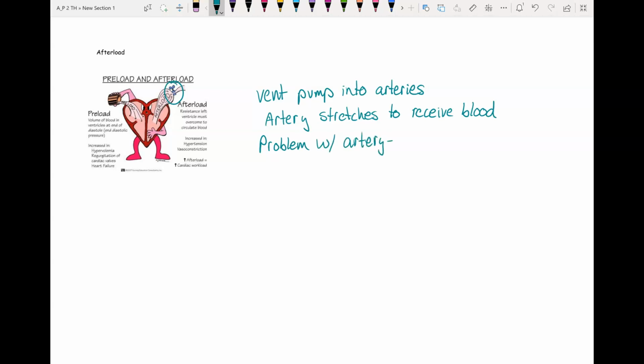So the artery could be clogged up, or it can be hardened. You may have heard of people having hardened arteries. If that's the case, the artery won't receive all of the blood that the ventricle is trying to put in there.